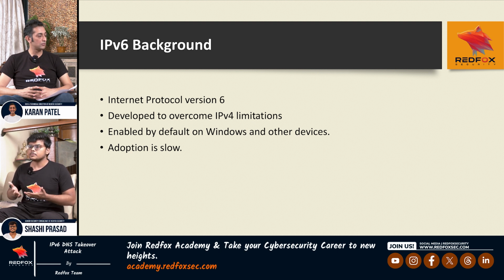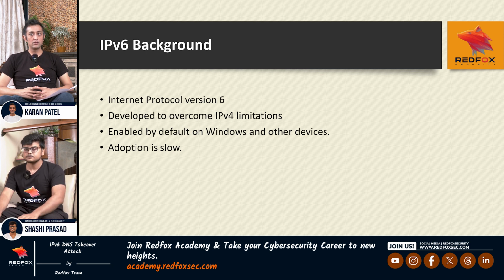Because of the newer capabilities of IPv4 like NAT or port forwarding, they are able to manage and configure things. But they should move to IPv6 and configure it in a proper manner. If configured well, IPv6 does wonders for the organization.